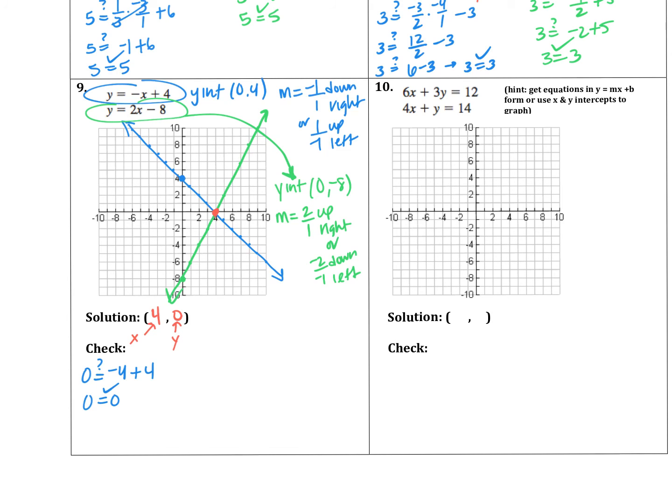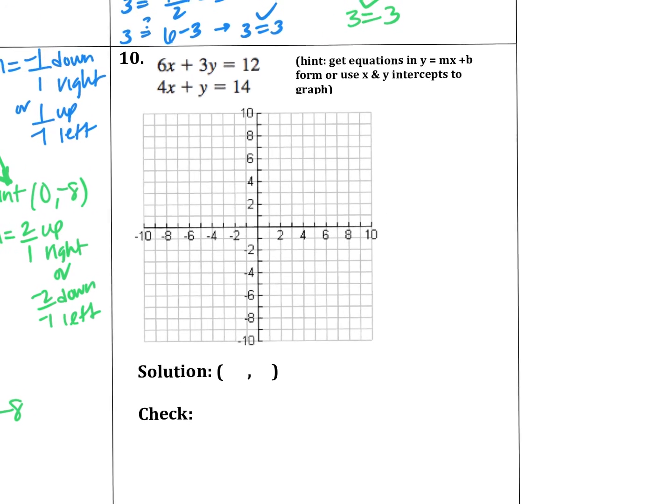That's 0 equals 0. That's true. For the green equation, I'm going to plug in y, which is 0, equals 2 times x, which is 4, minus 8. I get 0 equals 8 minus 8. 8 minus 8 is 0, so that is the correct solution.